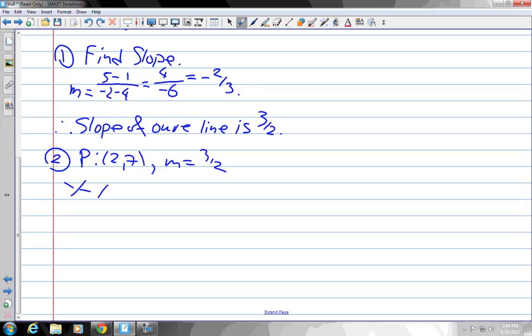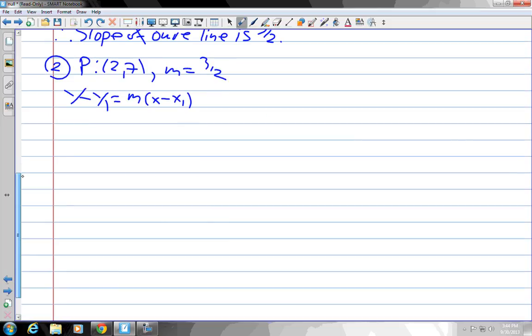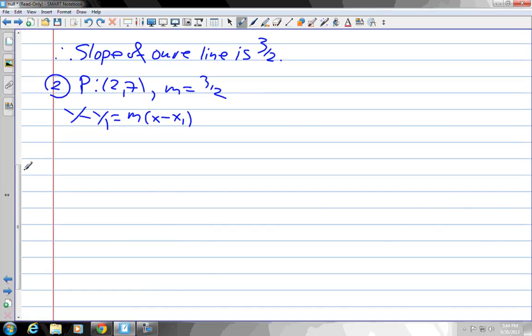Using the point-slope form, y minus y1 equals m times x minus x1. So when I plug everything in, I'll get y minus 7 equals 3/2 times x minus 2. Is that good?